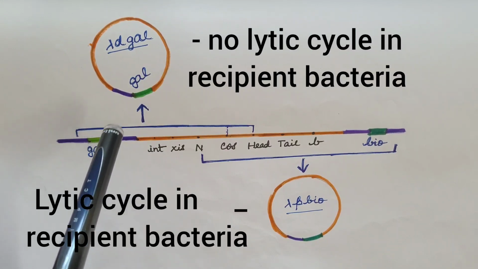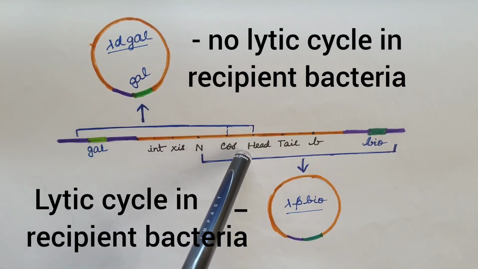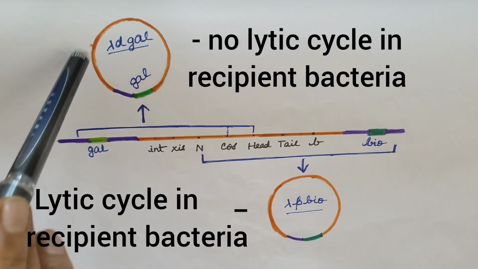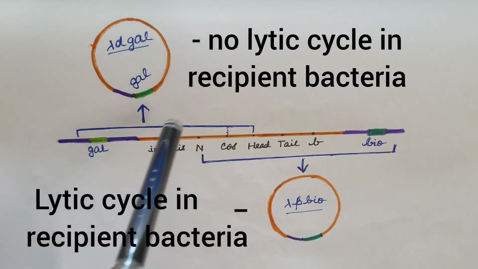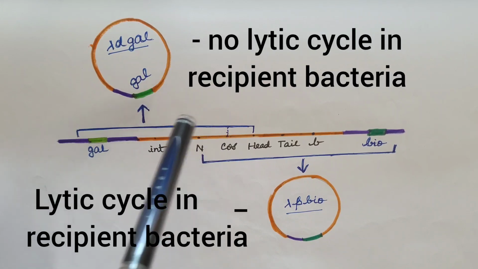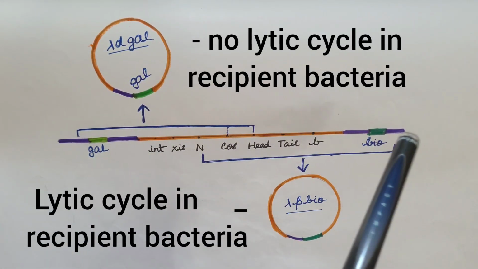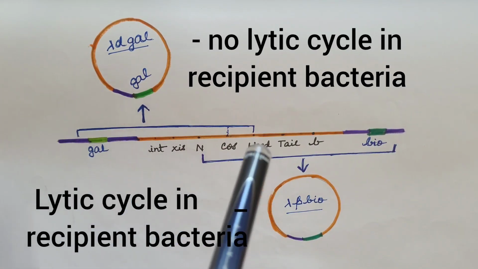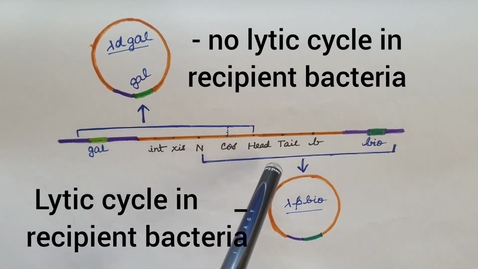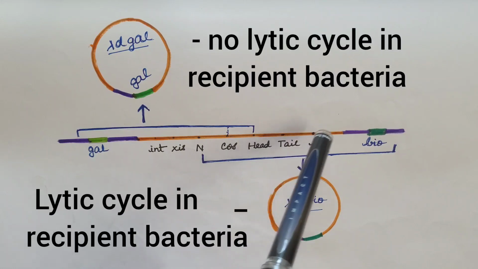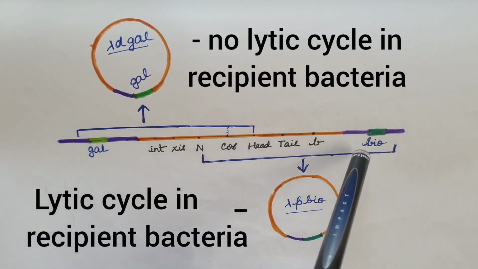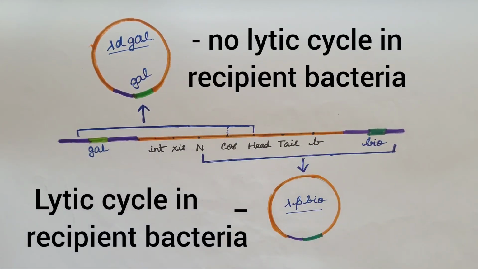So here essential genes which form the head and the tail proteins are missing. Hence these are defective. In the donor cell, yet transducing particles are formed because these proteins are already present in the donor cell, as these genes are present integrated in the donor bacterial DNA.